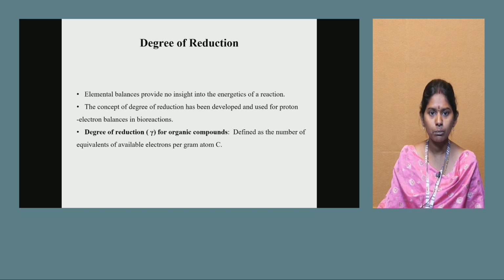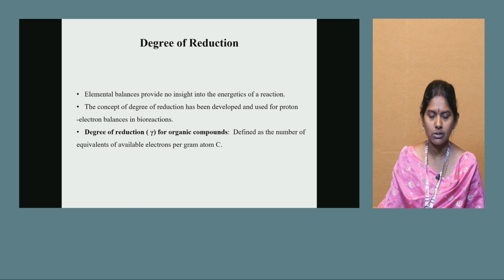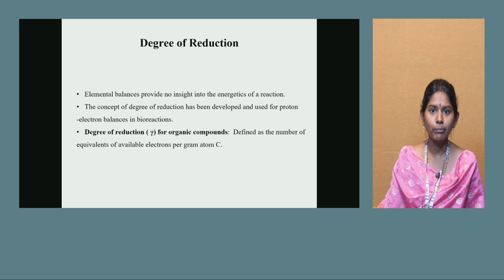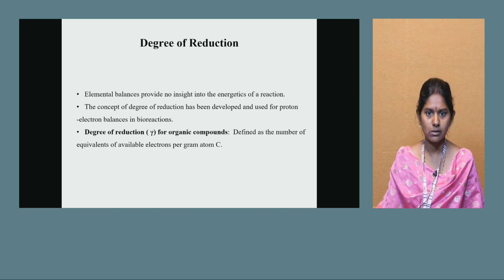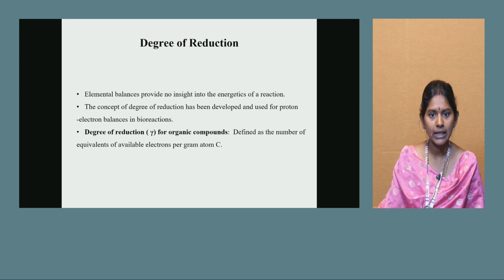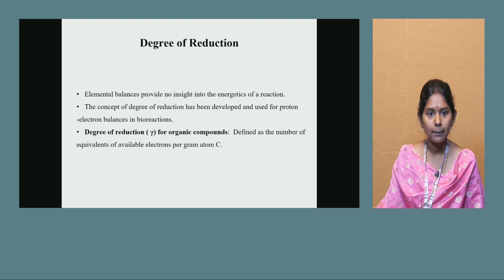The concept of degree of reduction has been developed and used for electron balances in bioreactions. Rather than being based on elemental balancing, this degree of reduction is based on the balancing of protons and electrons. For example, the degree of reduction for any organic compound is defined as the number of equivalents of available electrons per gram atom of carbon.